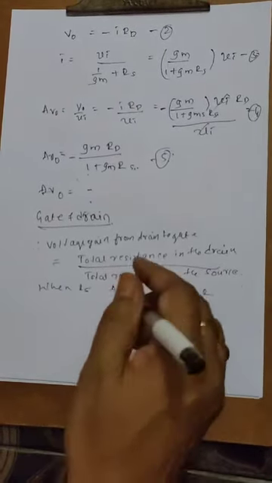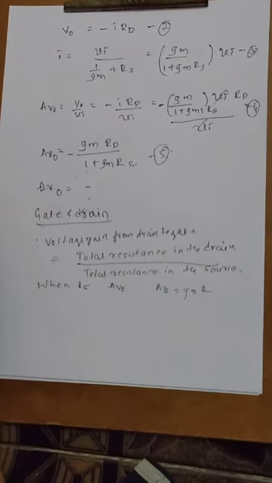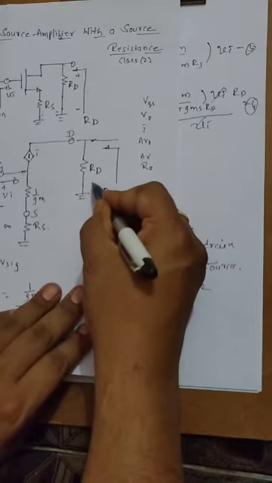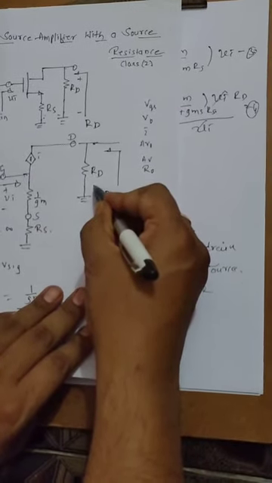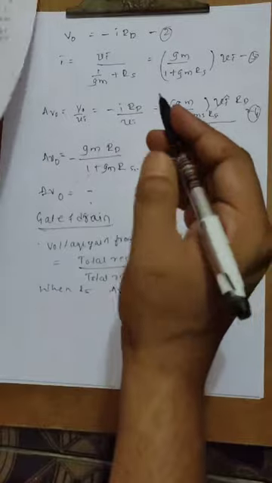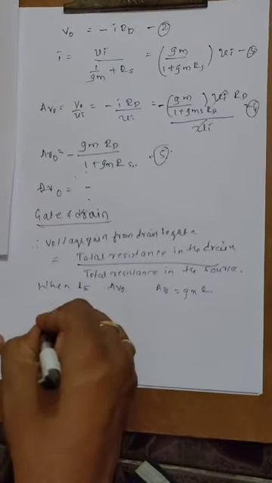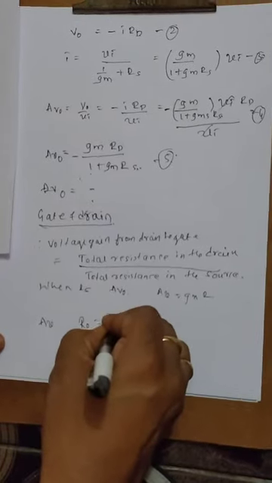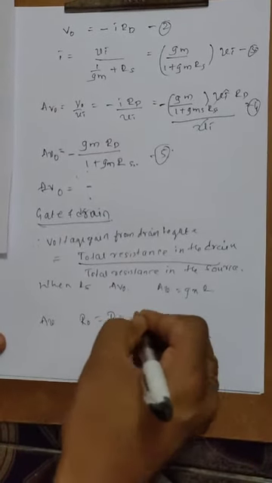Finally, if you connect a load resistance for this circuit at the output, we can obtain the gain AV using the open loop voltage gain AV naught, where the output resistance is equal to the drain resistance RD.